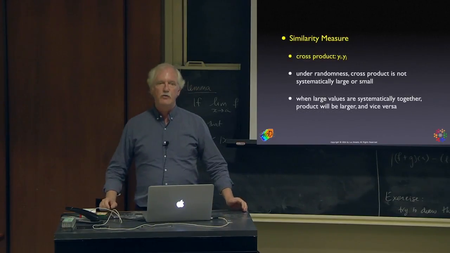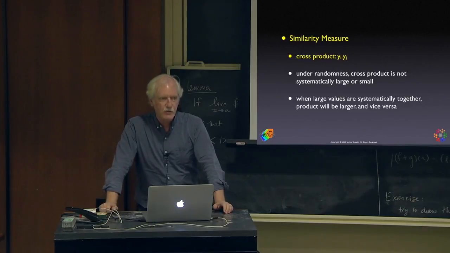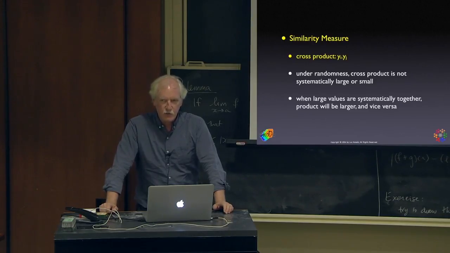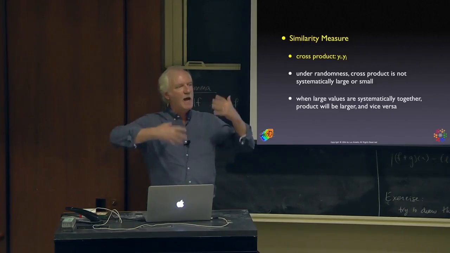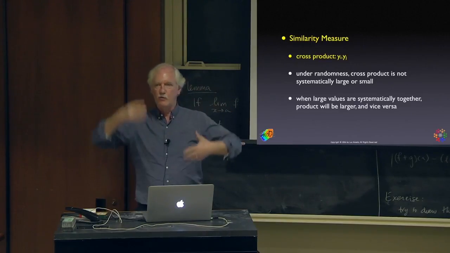The most commonly used similarity measure is a cross product. So it's just the product of the value observed at the two locations. And why do we use this cross product? For the same reason that we use it in a Pearson correlation coefficient, is that if there is random matching, just think of the traditional Pearson setup. You have two variables.